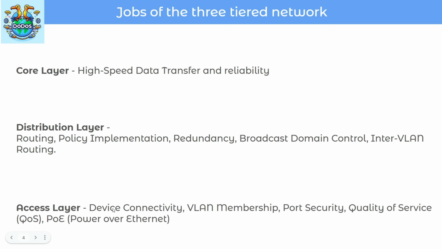The access layer is device connectivity and VLAN membership, so the management of VLANs, to make sure which ports are in VLAN 1. We're going to cover VLANs later. And then port security, to make sure the port's secure, quality of service, which we'll cover soon, and power over Ethernet, which you learned in the last video. That's the purpose of the access layer, so it gives power to the phone or something.